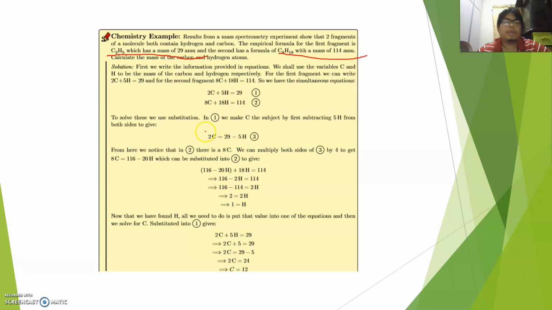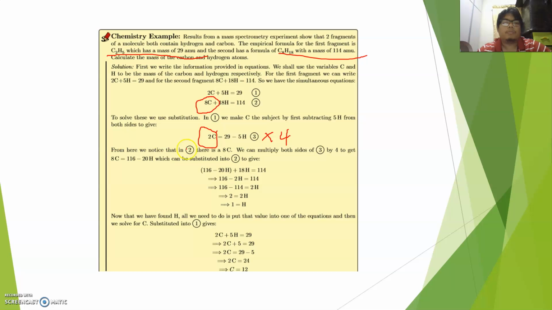So what we do is, you can see here is 2C, here is 8C. We just try to convert 2C to 8C. If you want to convert it, we need to times this equation by 4, everything. If we times 2C by 4, we need to times everything in this equation by 4.